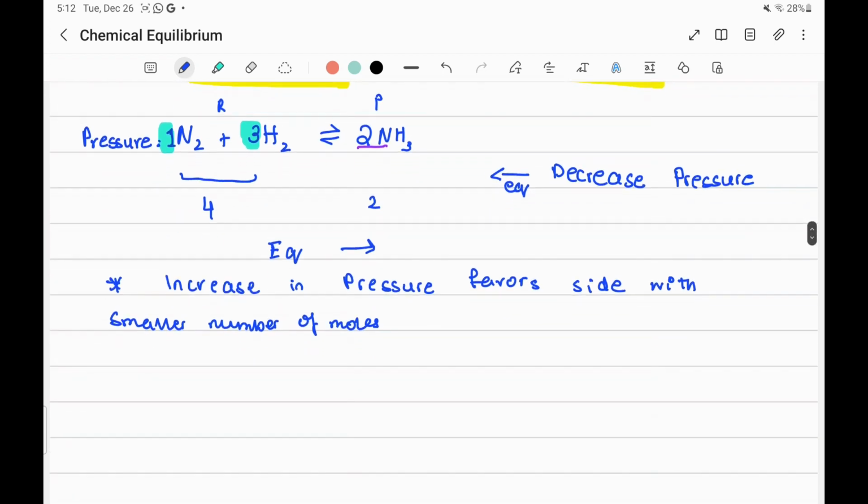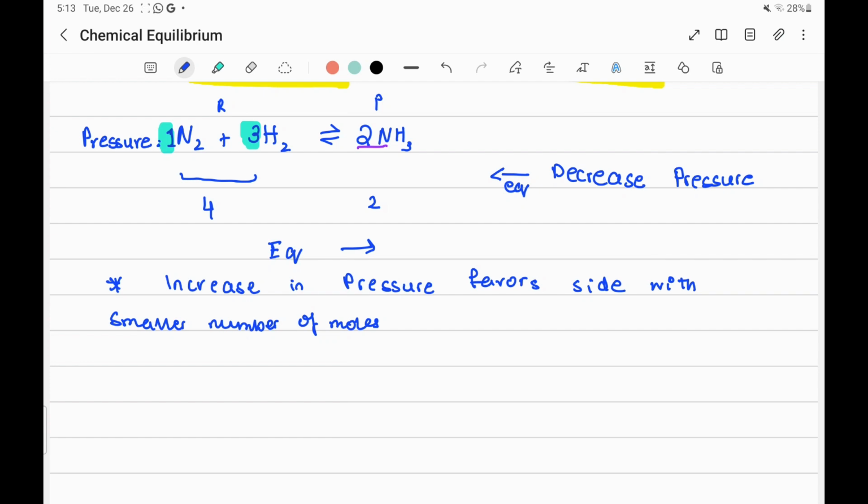The only point that you need to remember is that increase in pressure favors the side with smaller number of moles. If you understand this, if you have this embedded in your head, you will automatically be able to decipher what you need to do for the reaction to shift to the side with the greater number of moles.